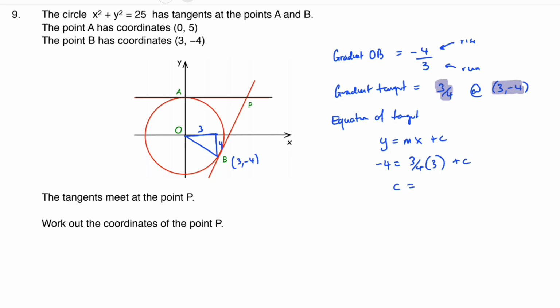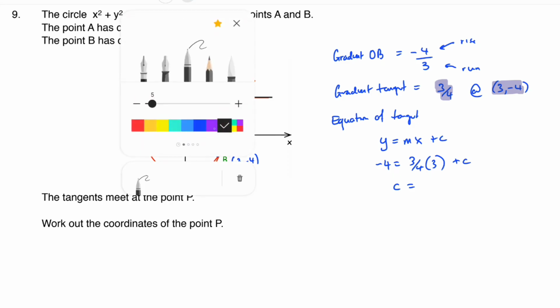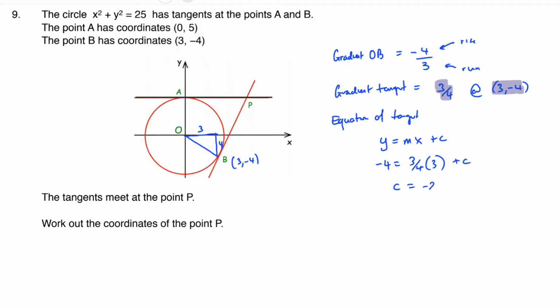C therefore is minus 4 minus 9 over 4, so c is minus 25 over 4. So then we have an equation of our tangent: y is equal to 3/4 x minus 25 over 4. So that is the equation of this tangent.